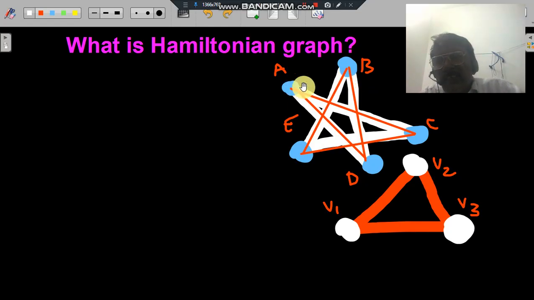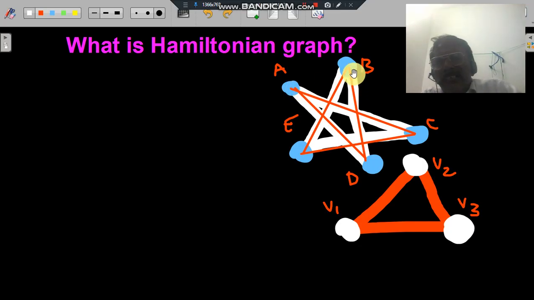This vertex comes only one time, this vertex only one time, this vertex appears only one time, and this vertex and this one also appear only one time.